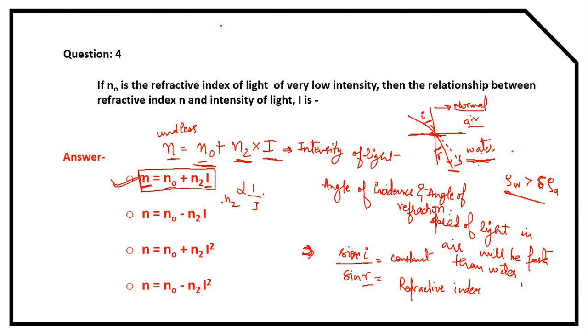And therefore, although this equation will be followed, since the value of I is very low, we will not get the Kerr lensing which we have studied. It will follow the same equation, n equals n naught plus n2 into I. Here I is the intensity, n2 is the nonlinear index coefficient, and n naught is the refractive index of the medium.